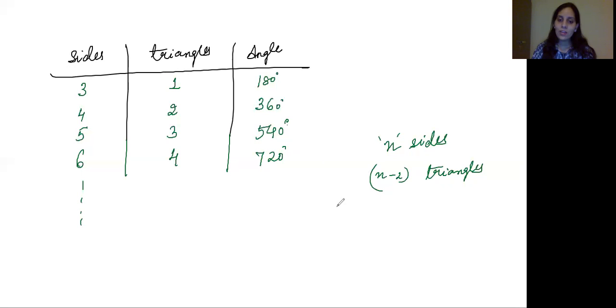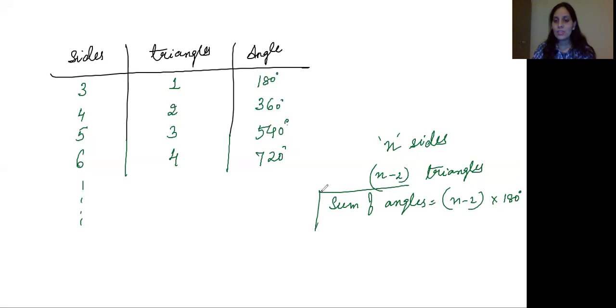Therefore, the sum of angles will be equal to the number of triangles into 180 degrees. This is applicable for any kind of polygon, be it a 6-sided polygon, or a 7-sided or a 10-sided.